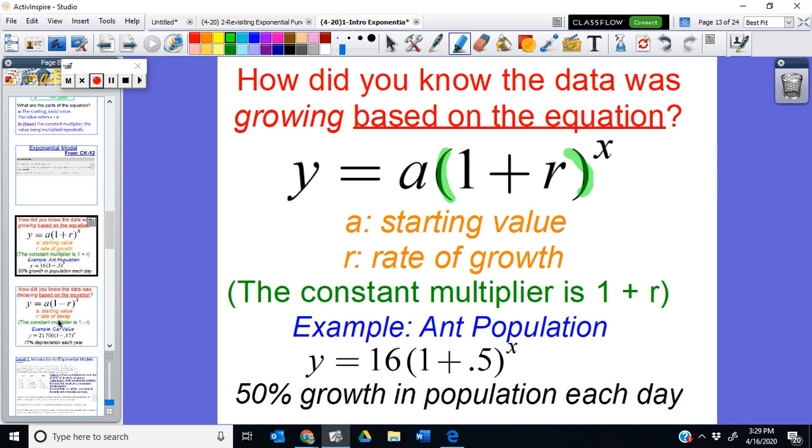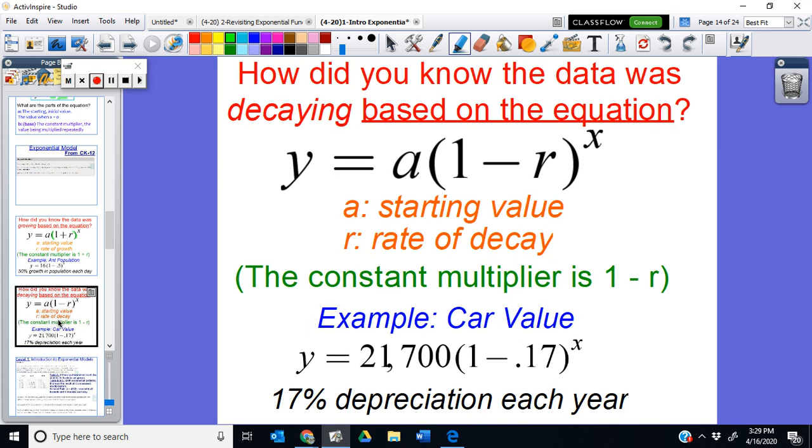Let's talk about decay for a moment. When you look at this equation, notice that there's a subtraction, but the multiplier, the b, is still in these parentheses raised to the x power. So an example of decay would be definitely car depreciation. So when you drive a brand new car off the lot, it is said to decrease by, say, 17%.